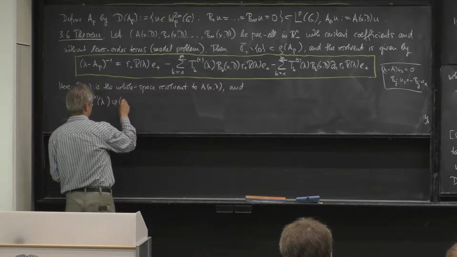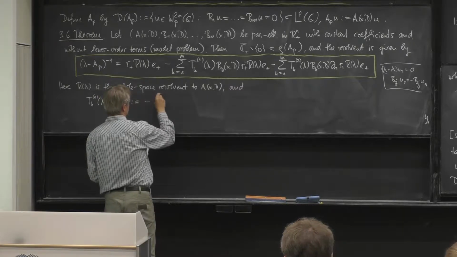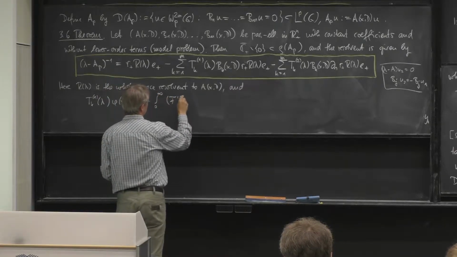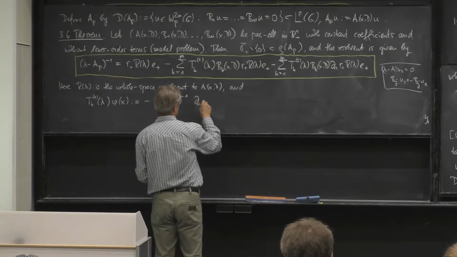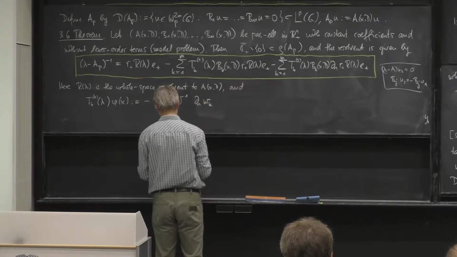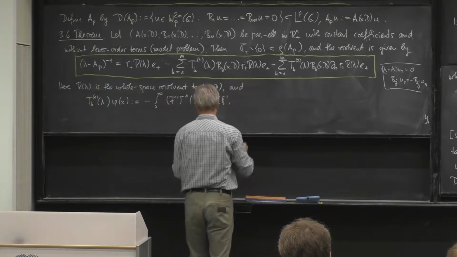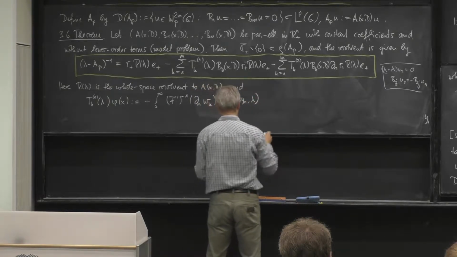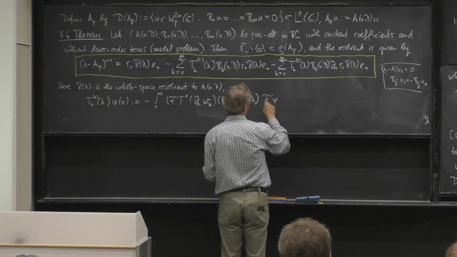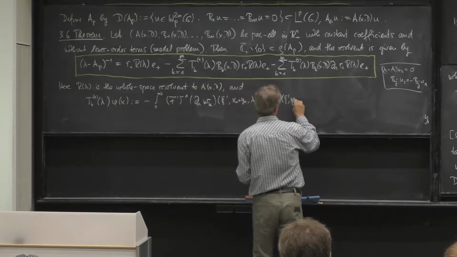Applied to some phi of x', defined as minus the integral from 0 to infinity, partial Fourier transform inverse, and then I take the normal derivative of the fundamental solution wk at xi', xn plus yn, lambda applied to F' phi of xi', yn dyn.